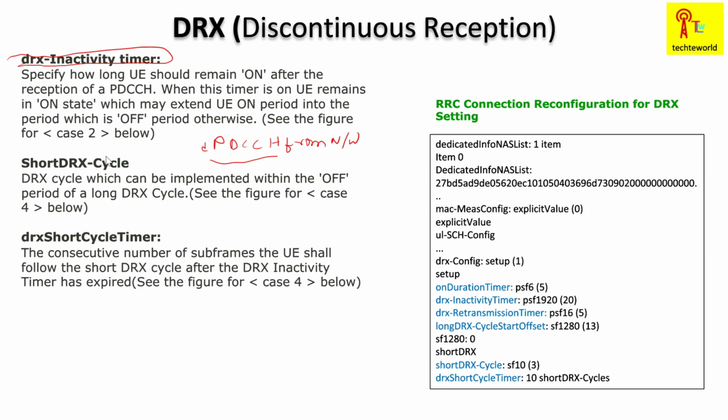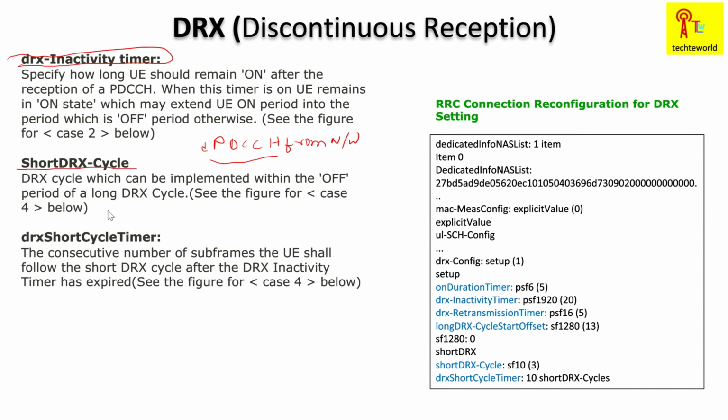Sometimes this DRX inactivity timer can extend the on state also, because as long as the DRX inactivity timer is on, the UE is on. So it means the DRX inactivity timer can extend the on state of the UE as well.